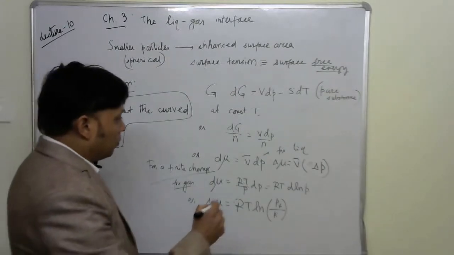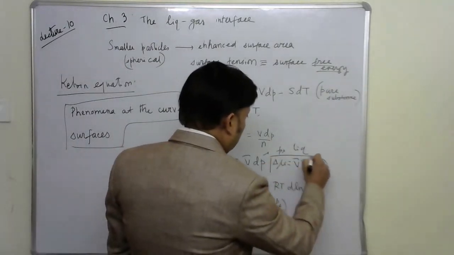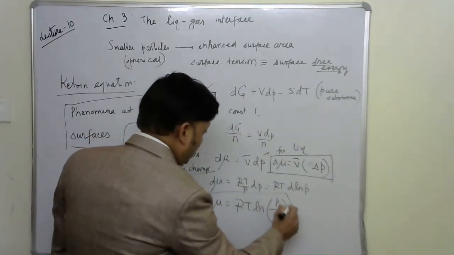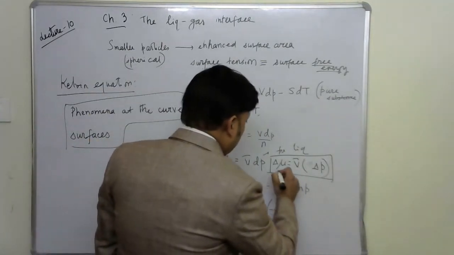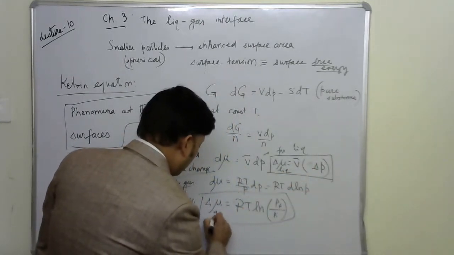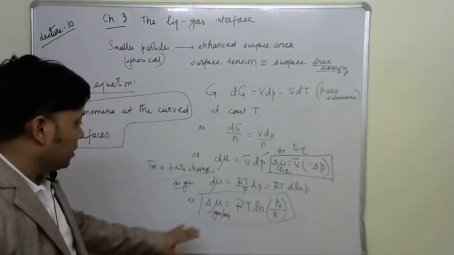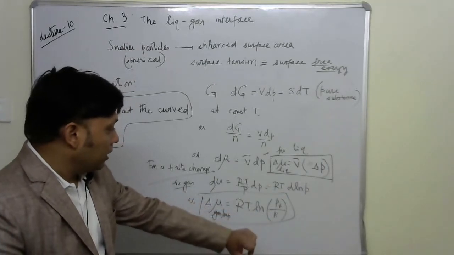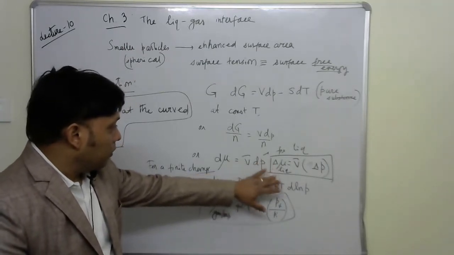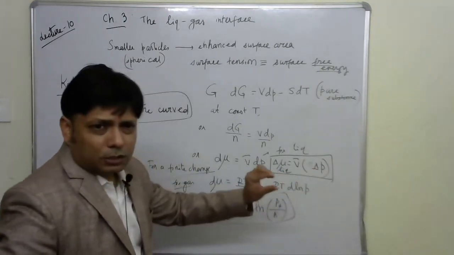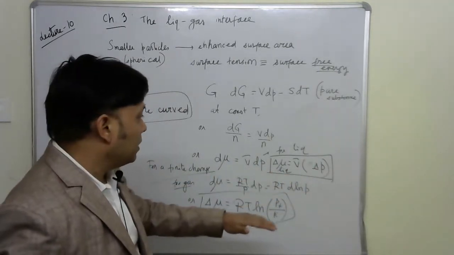So we have two different definitions for delta mu. Once again, for gas or vapor that behaves ideally, delta mu is equal to RT ln of final pressure divided by initial pressure, and delta mu for liquid is equal to the molar volume multiplied by delta P, the change in pressure.